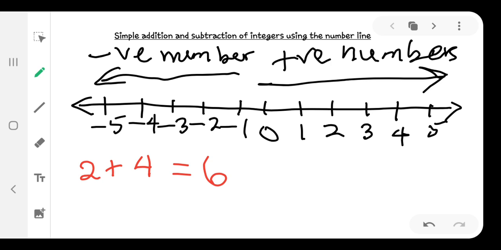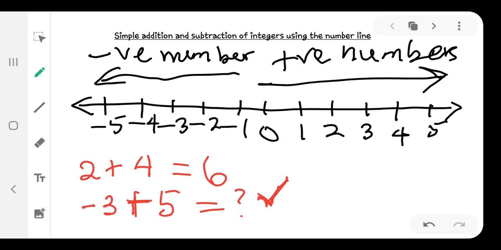But if you are given an addition like negative 3 plus 5, sometimes you might get confused. This is where the number line becomes very important. We make good use of the number line in additions such as these.